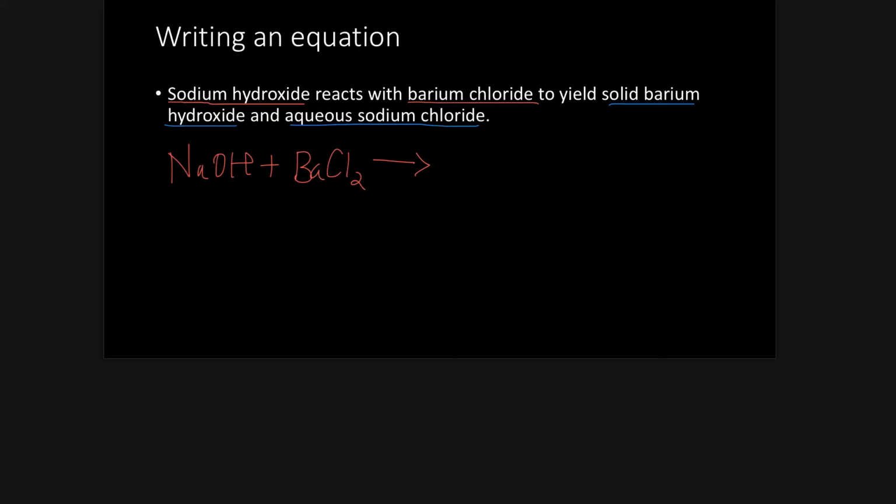It gives you barium hydroxide and aqueous sodium chloride. So let's figure out the formulas of your products. Ba(OH)2 plus NaCl.